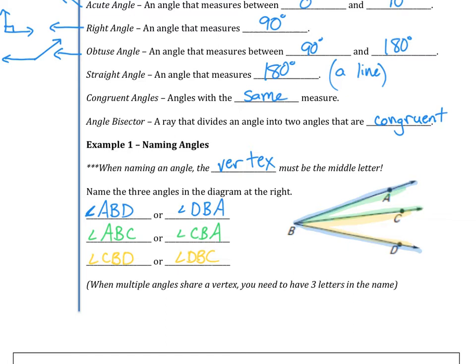Those are also the same angle with two different names. When multiple angles share a vertex, you need to have 3 letters. You can't just pick one letter for that. So what that means is, let's pretend there's another angle down here. And this was angle XYZ. You could call this angle Y, because the only angle with a Y is that one angle on the bottom. So that one could be named with one letter.